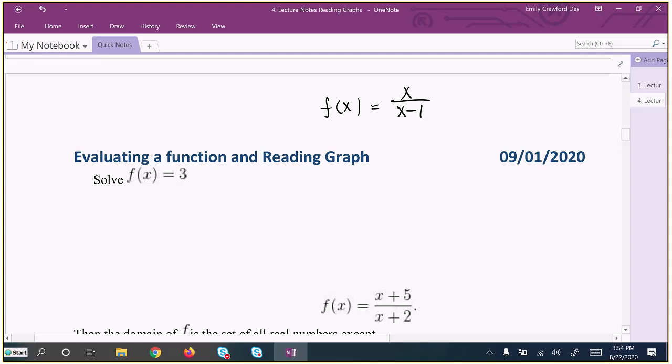So that would be solve x over x minus 1 is equal to 3. And we want to solve for x. Which value of x gives us x over x minus 1 equals 3?